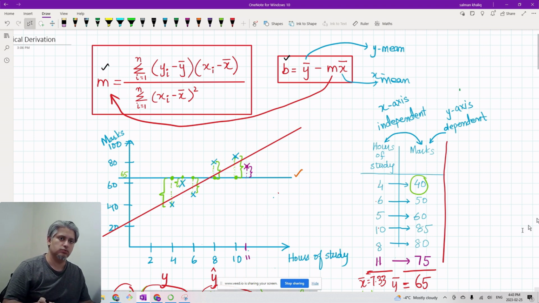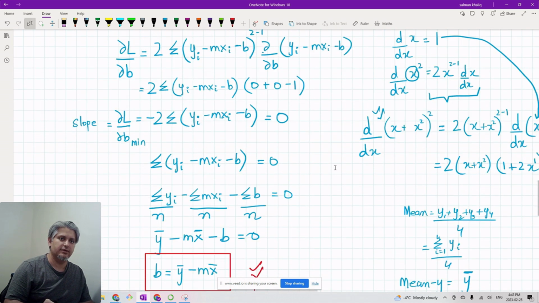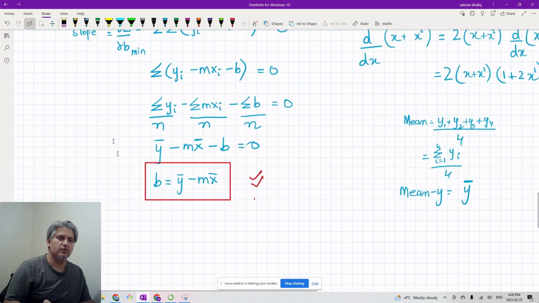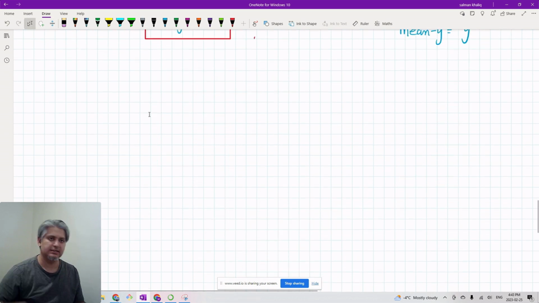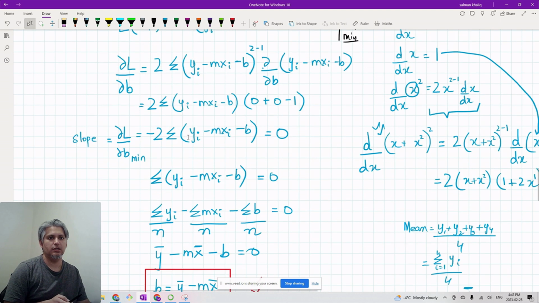So what I'm going to do is go back and do the derivative of my function. Here I did the derivative with respect to b, right? I'm going to do the same thing with respect to m now, and I'm going to find the minimum of it. Let's do it in a different color. So I need to find the partial derivative of the loss function with respect to m. What was my original loss function?